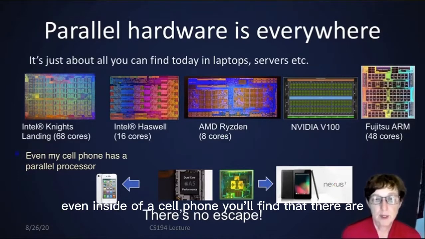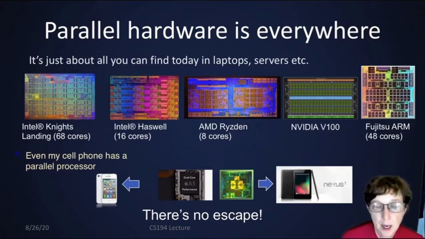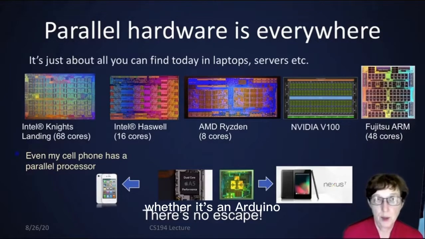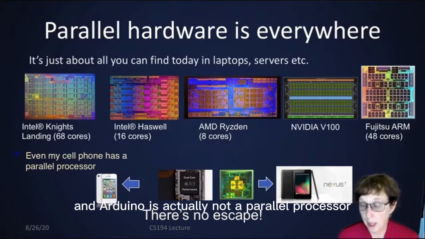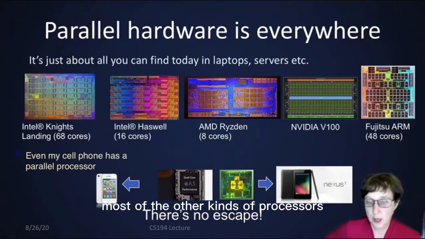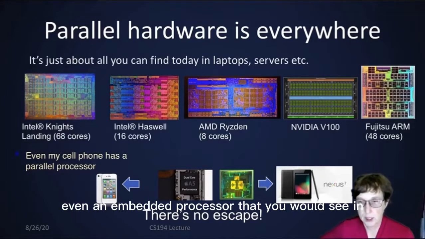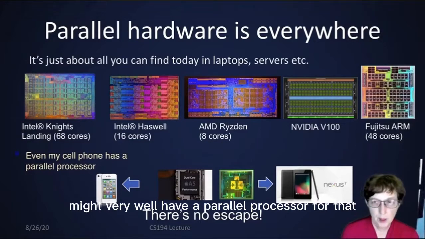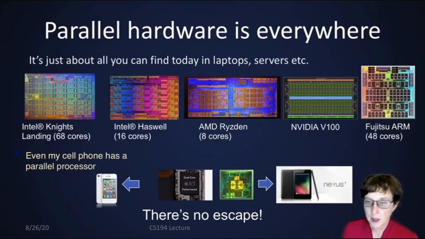Now, even inside of a cell phone, you'll find that there's going to be parallelism. Someone during lecture asked about whether it's an Arduino, and Arduino is actually not a parallel processor, but most of the other kinds of processors, even an embedded processor that you would see in something like a car, might very well be a parallel processor.